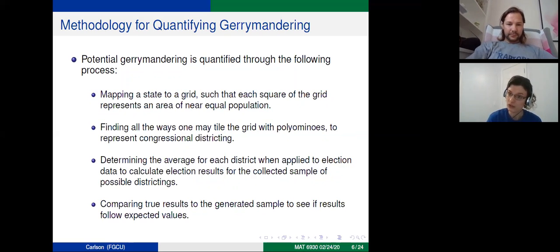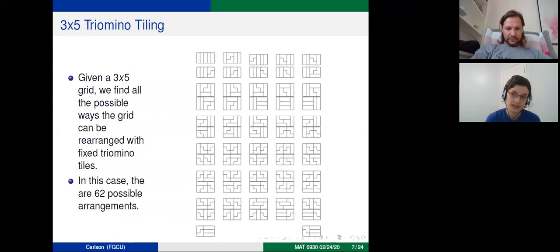From there, we want to look at all the districts that we generate for our sample size and find the averages for each of these using real election results. From there, we compare the true results to that of our sample space to see if any discrepancies are found. In the case of a 3x5 grid, what we can find is that there are 62 different ways we can partition it using the trinomial shapes. Those different shapes are shown in the image on the right.